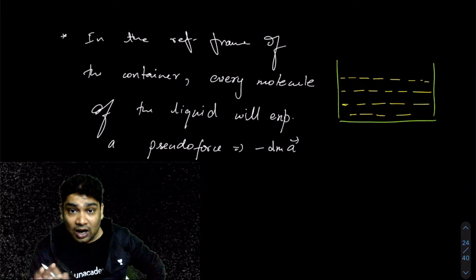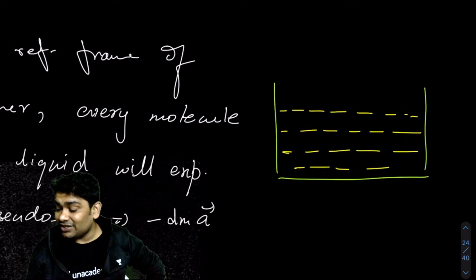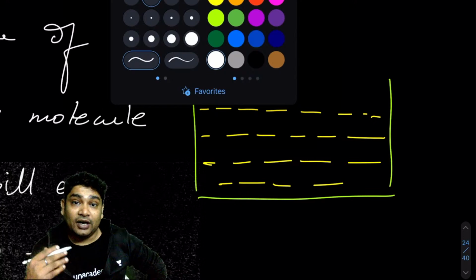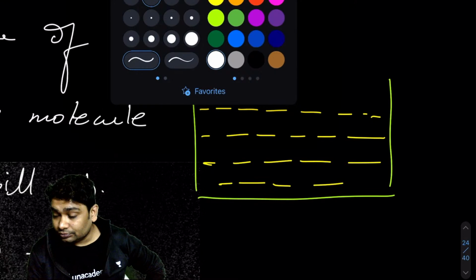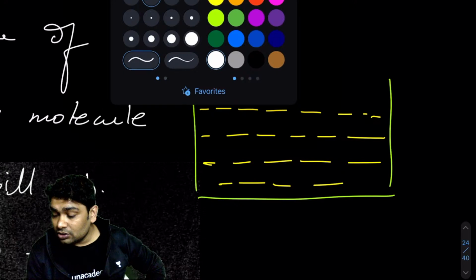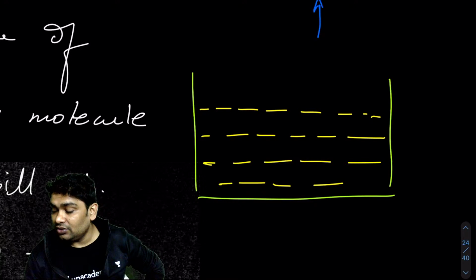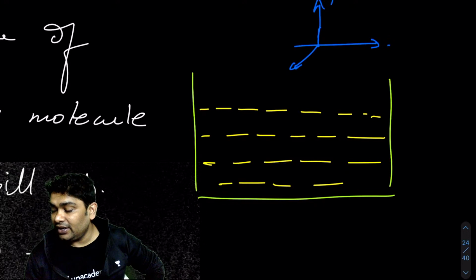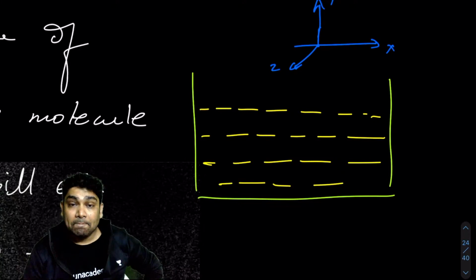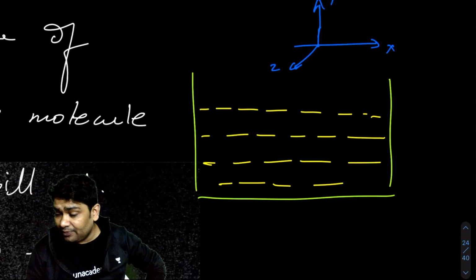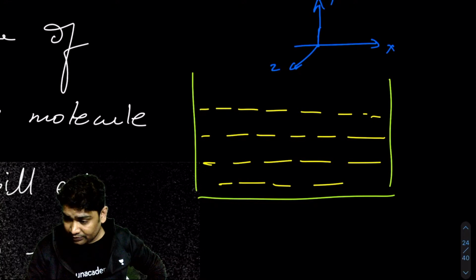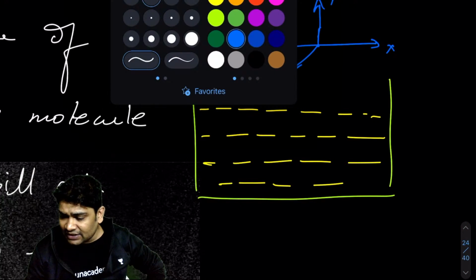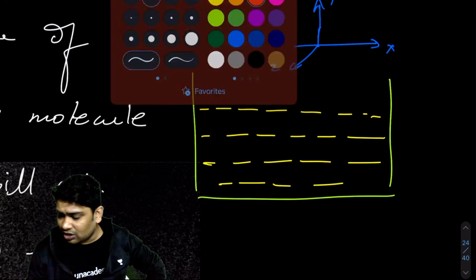So now let's draw ourselves some axes, and let's consider the variation of pressure along different axes. Let's take y, x, and z. Now consider a very small element of the liquid, and let's try and figure out the changes in pressure across it.